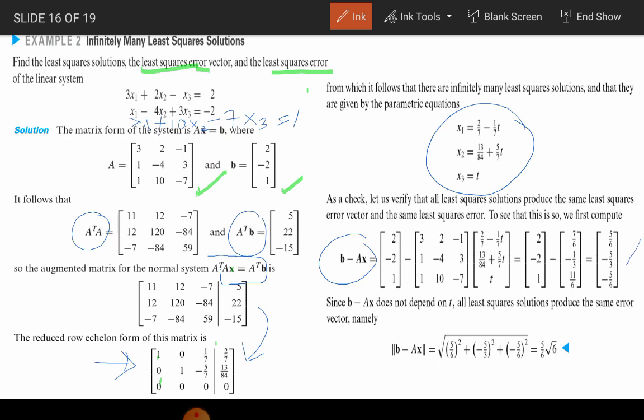So you can see that the least square solutions produce the same error. You get this answer for the error vector.